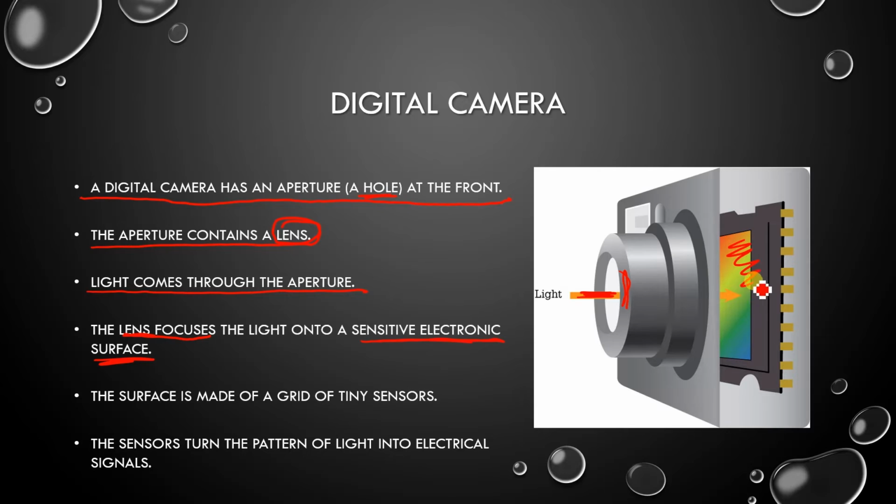The surface is made up of a tiny grid of sensors, and these sensors are light sensitive, and it's the sensors that turn the image into binary. That's how a camera works, to put it very simply. But for the GCSE exam you won't need to go into any more depth than that.